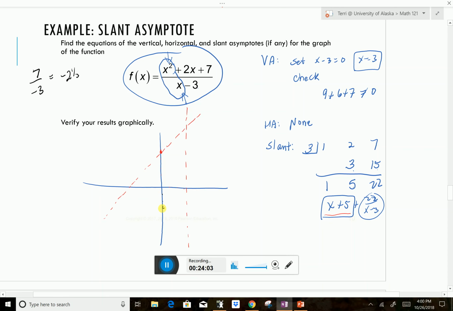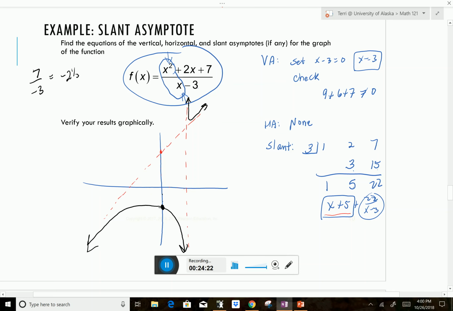So I know I'm in this part. I know that goes that way, and I know this goes this way. Then I have up in this area up here.